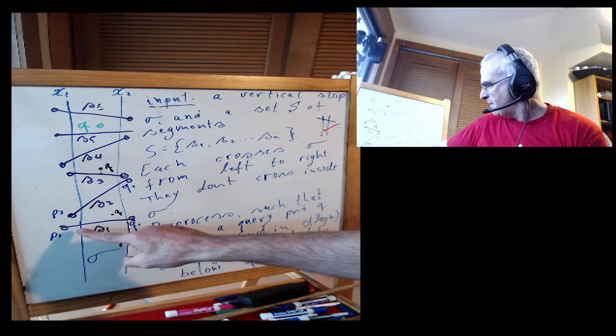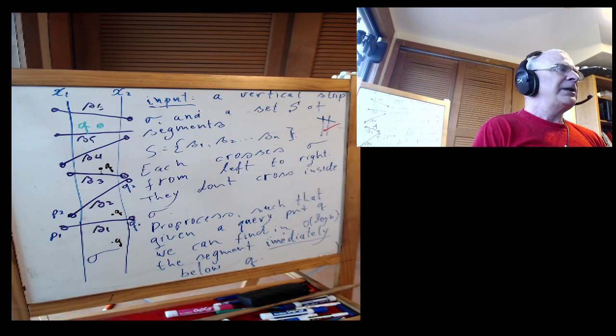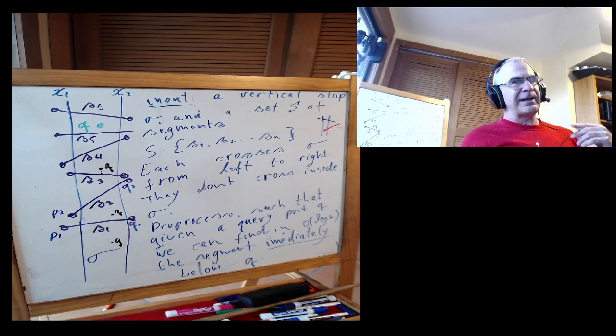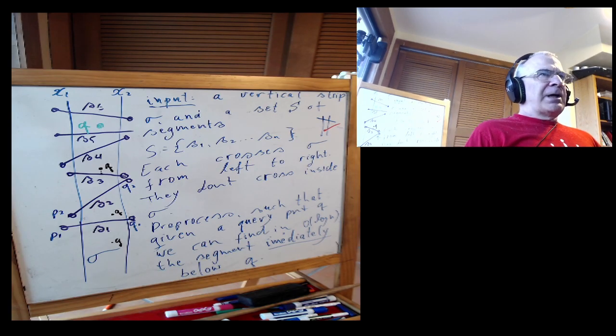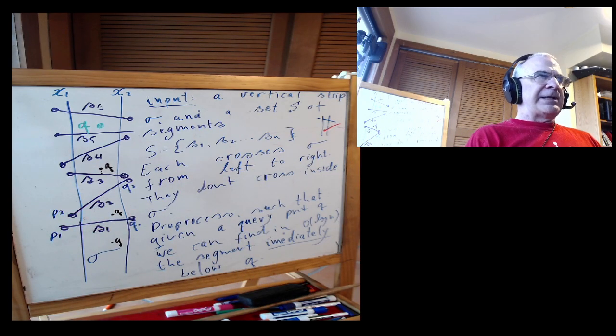So if all the segments looked like S1 and they were all horizontal, then you don't need anything besides storing the Y value. But well, I definitely have segments of some arbitrary orientation.